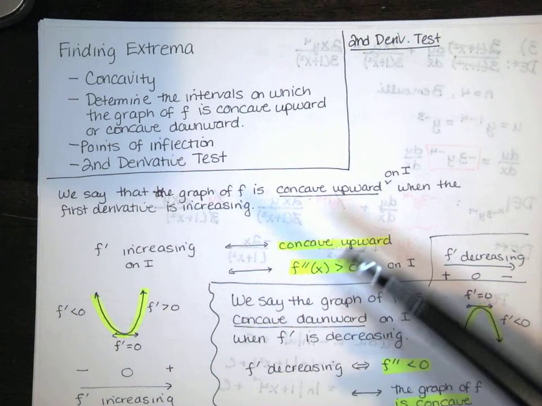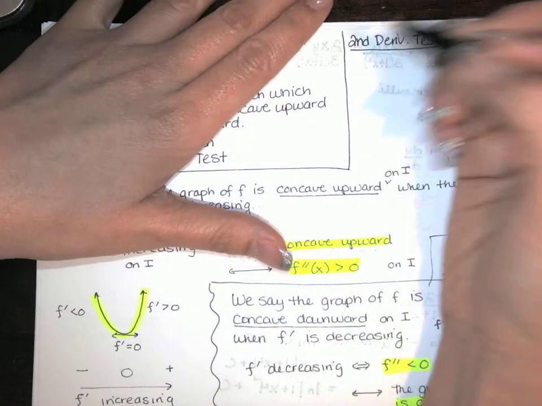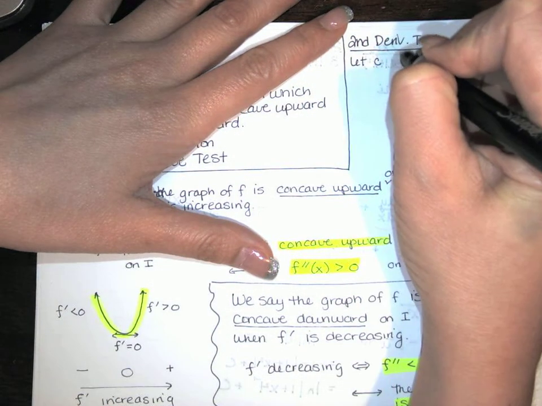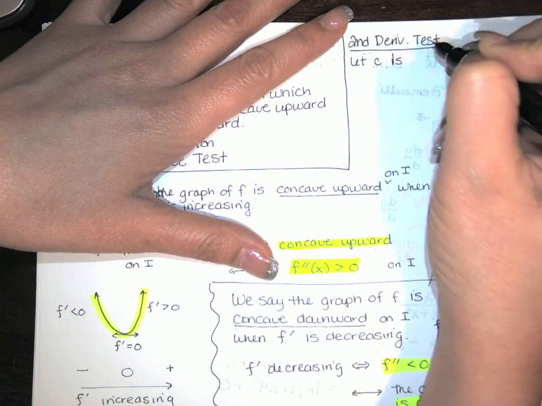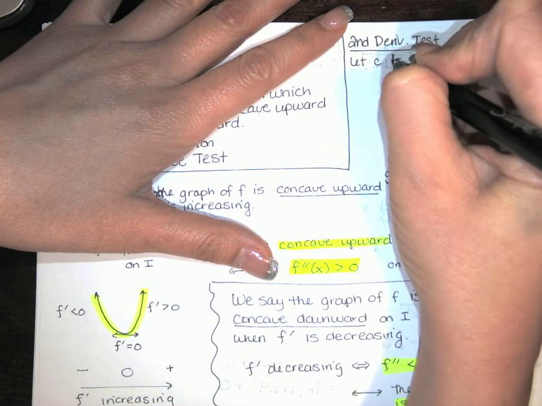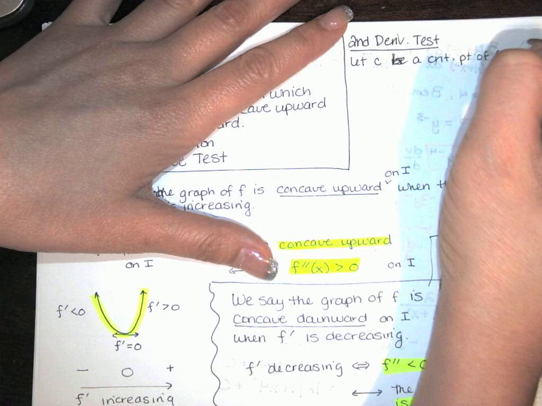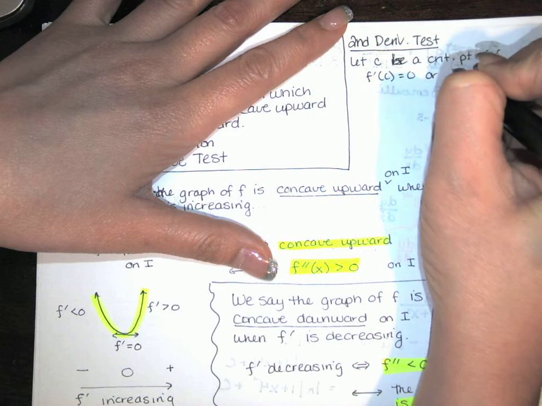Okay, so you're trying to classify some extrema. You get some critical points. And so let's say C is a critical point of F. I'll say let C be a critical point of F. That means that f prime of C is 0 or f prime of C is undefined.